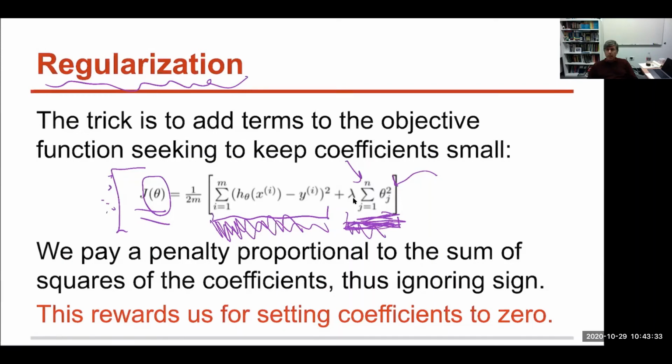And so trying to find the parameter that optimizes this, we would get a line that does a pretty good job of fitting the points, but does so with low values of coefficients. And this is probably a more satisfying model.